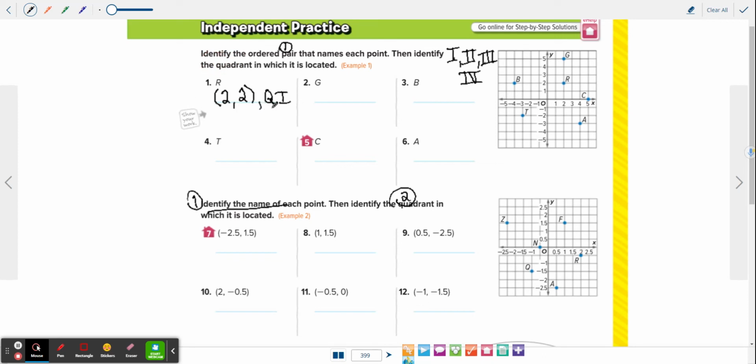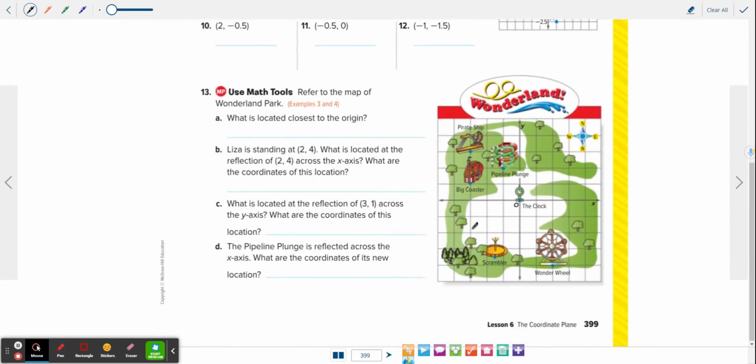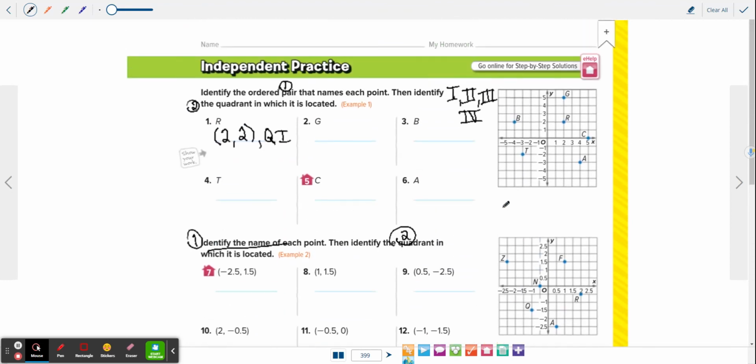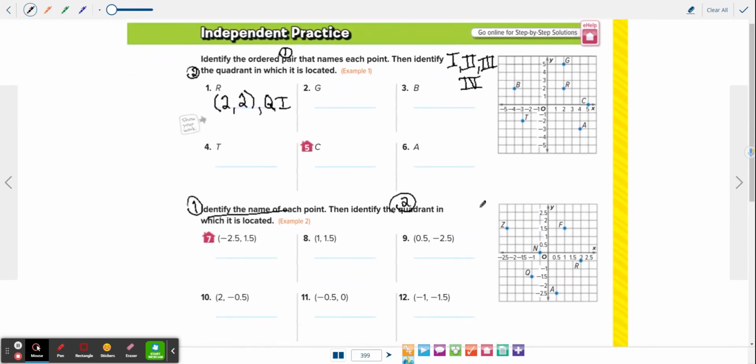So make sure you have both answers. You get 2 things to answer for 1 through 6. Okay, and then 13, I told you, is the map of the park. Okay, so you do those and put your paper in your interactive notebook.